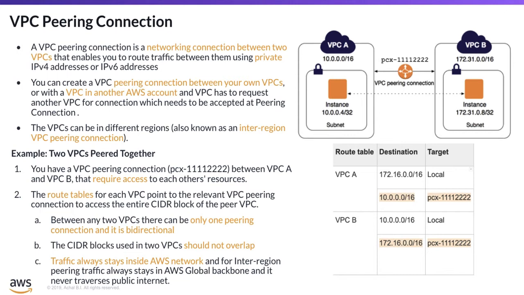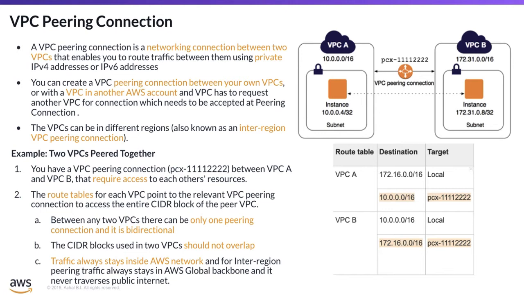So here's an example of two VPCs peered together. You can see that the CIDR range of VPC A is 10.0.0.0/16, and VPC B is 172.31.0.0/16.